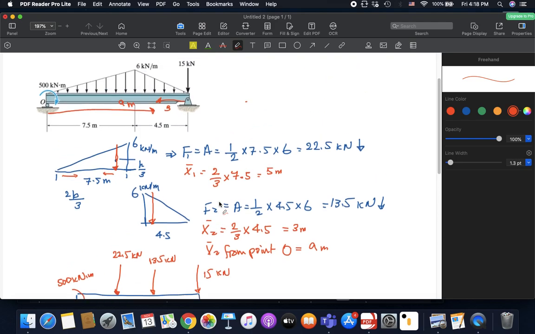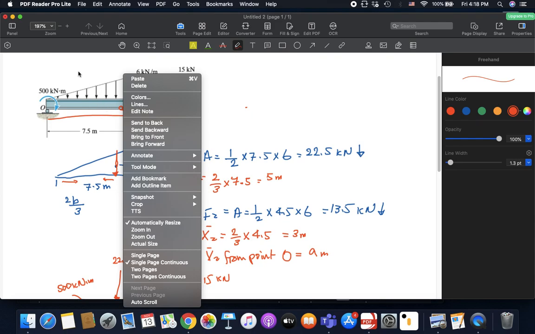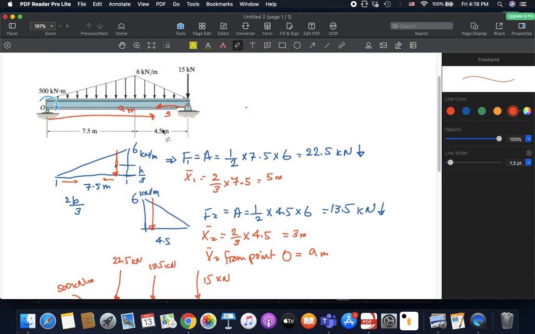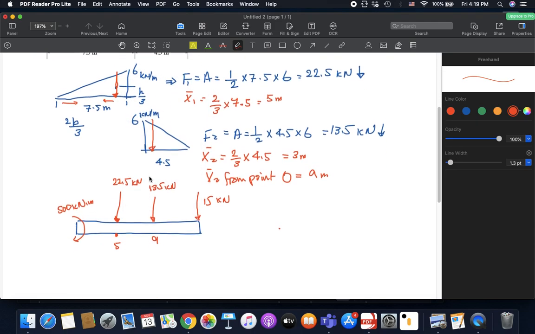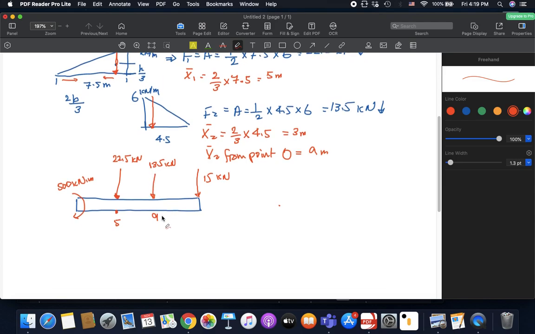That's all we had, I guess. So 1, 2, 3, 4. So 4 kinds of loadings. Okay?